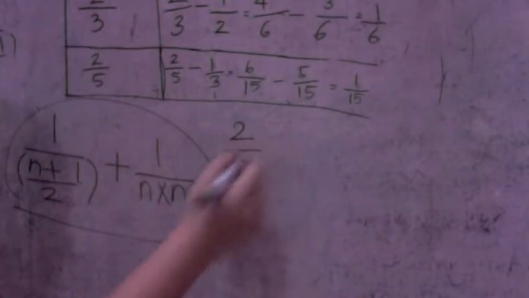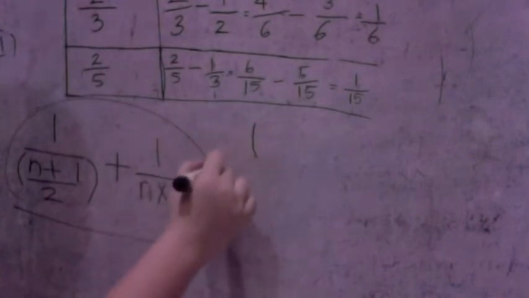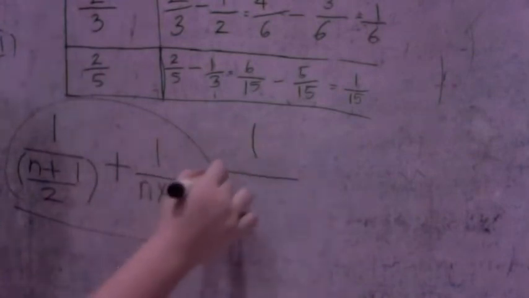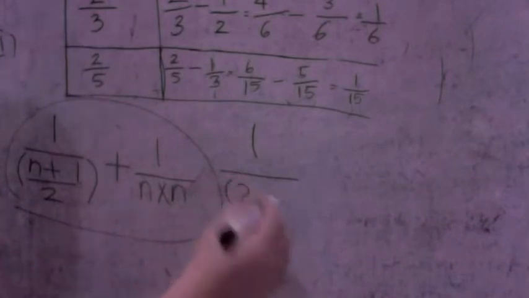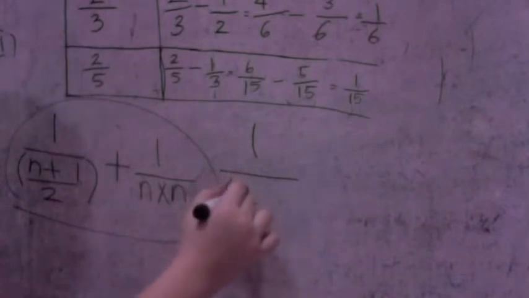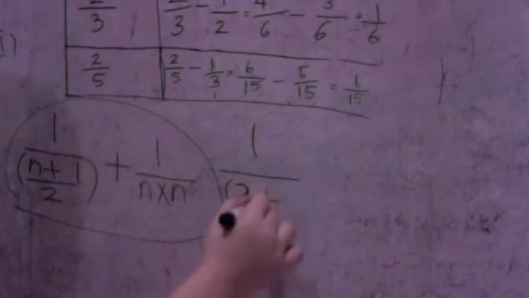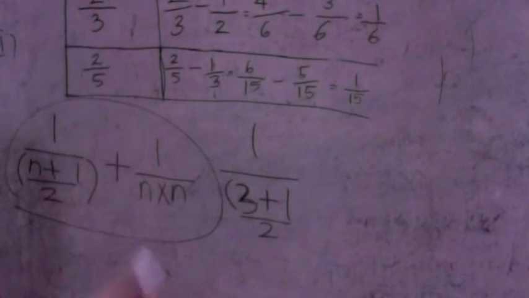So 2 over 3, I'm going to erase. So I'm going to put 1 here, and I'm going to put 3 plus 1 over 2 or divided by 2 in brackets.